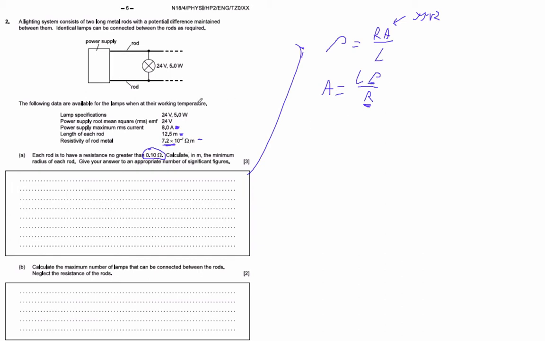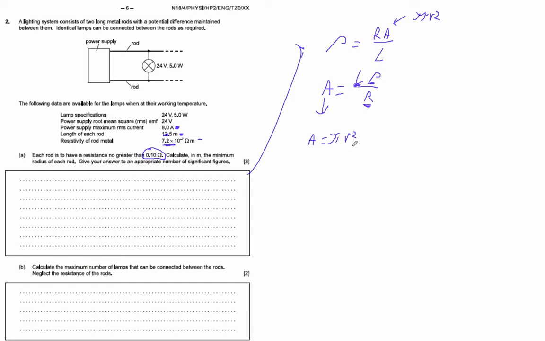And the rods are 12.5 meters long, so put that in for the length. Then you find the area and set it equal to pi r squared. It's a very small number, on the order of around half a centimeter.